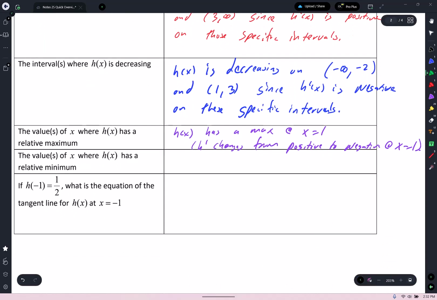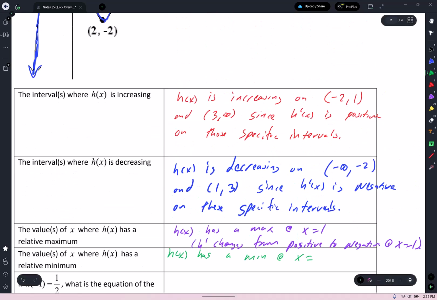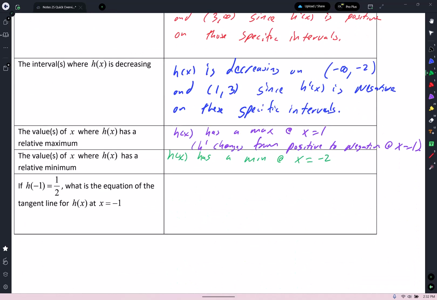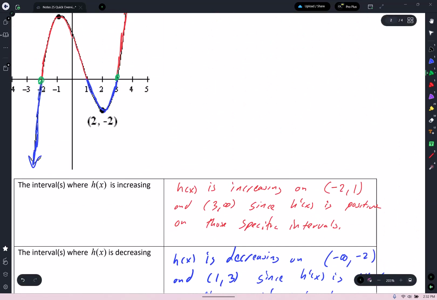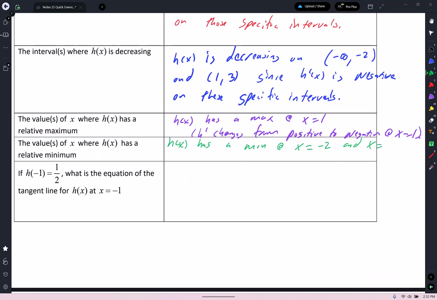So I'm going to write h of x has a min at x equals negative 2 and x equals 3, since h prime changes from negative to positive at those specific x values.